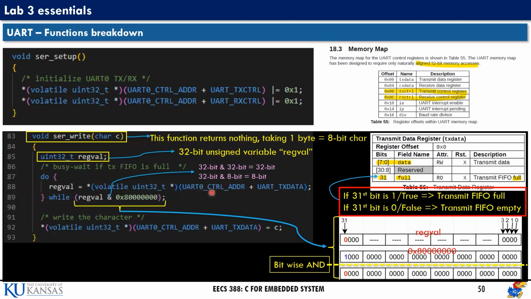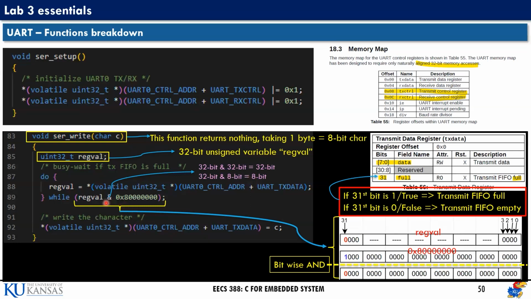But if one of the numbers is just 8-bit, the output will always follow the lower number of bits. So if one number is 32-bit and the other is 8-bit, the output will always be 8-bit.